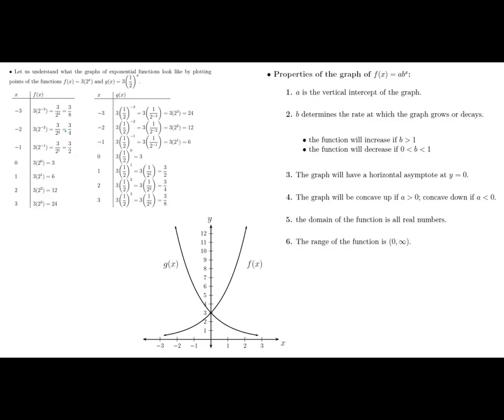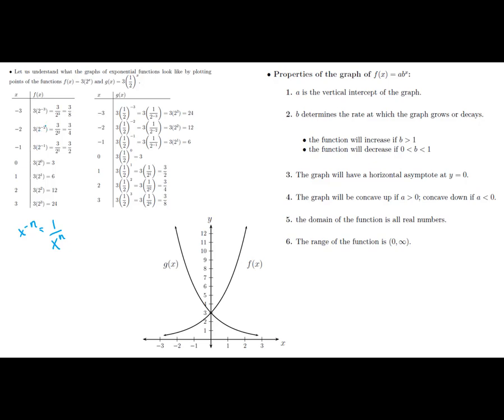In this case, when you plug in negative numbers for the exponent, from our exponent rules, remember that x to the negative n equals 1 over x to the n. So this 2 to the negative 3 becomes 1 over 2 to the 3rd, so that would be 3 over 8 ultimately.